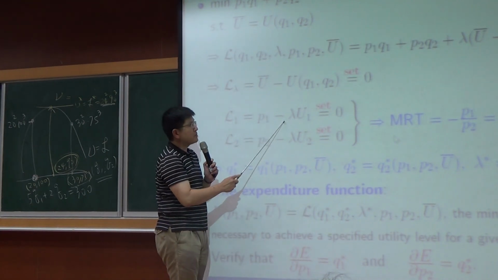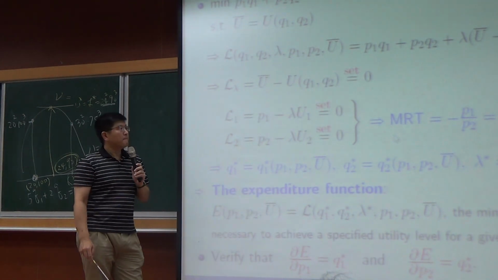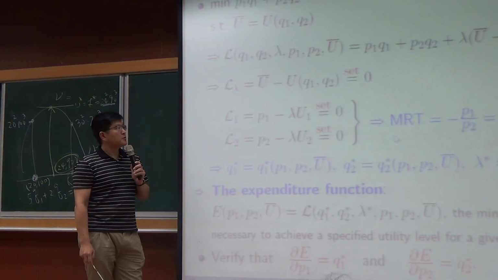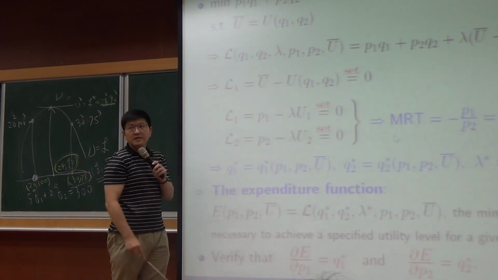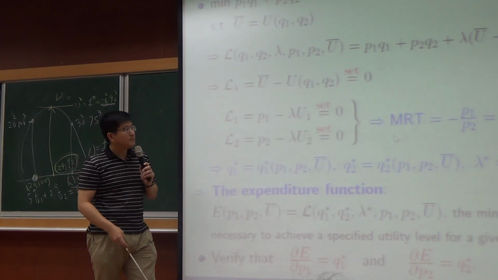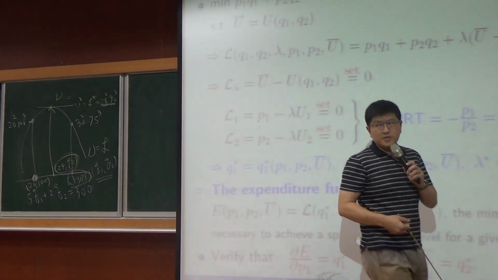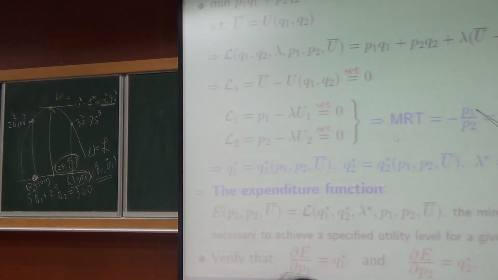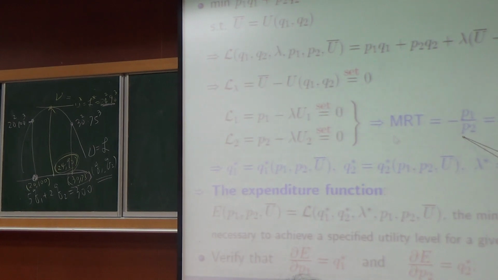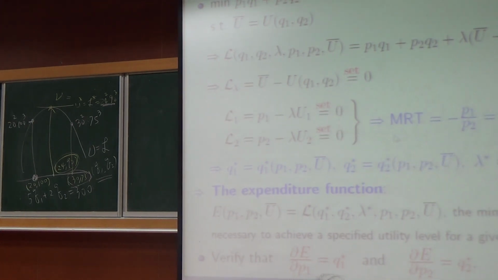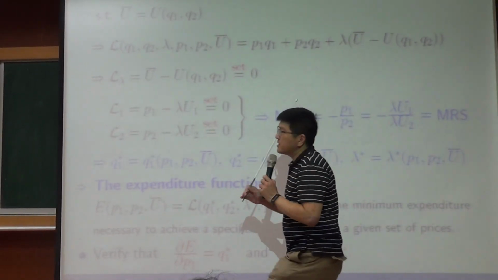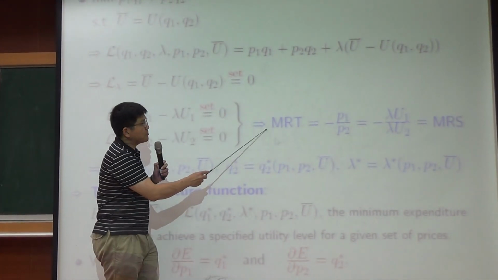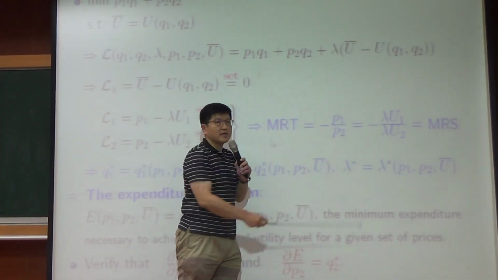We put this term to the right-hand side, and divide these two equations. So we have p1 over p2, where lambda will be cancelled, equals u1 over u2. And if we add a negative sign here, again it would be MRT equals MRS.